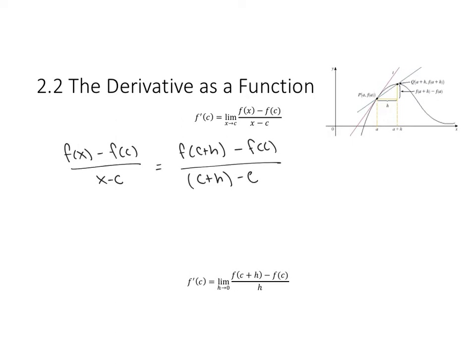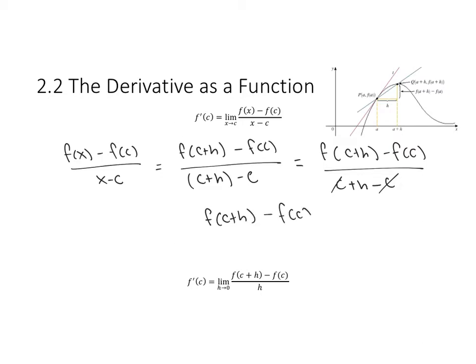Now, in the denominator, I can see that my c's will cancel, one positive and one negative, and I come to the equation of f of c plus h minus f of c all over h. And instead of taking the limit as x goes to c, now I'm going to take the limit as h goes to 0.